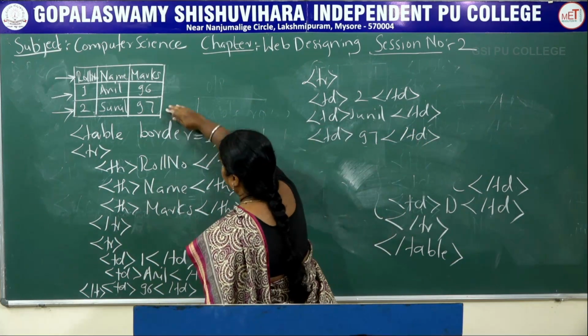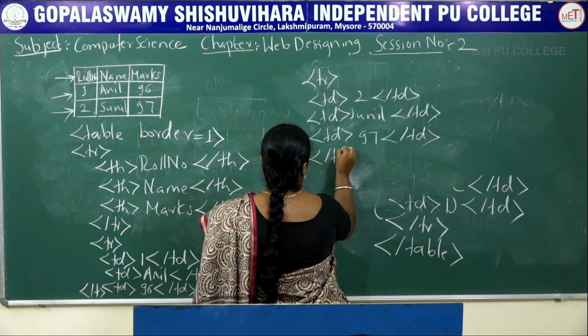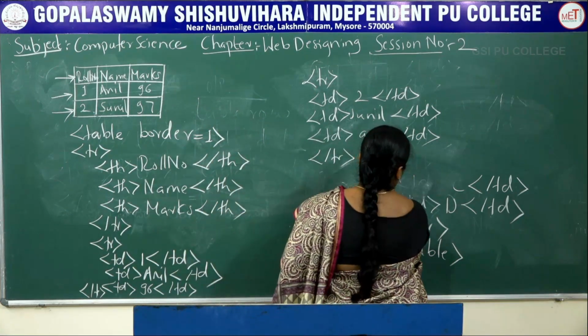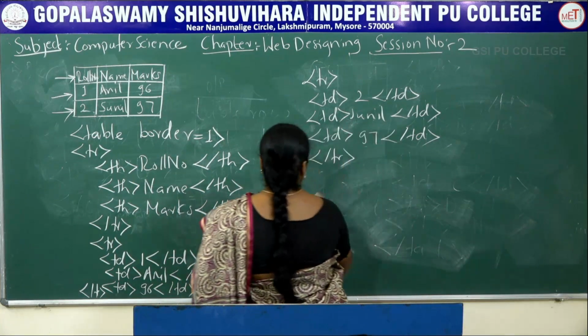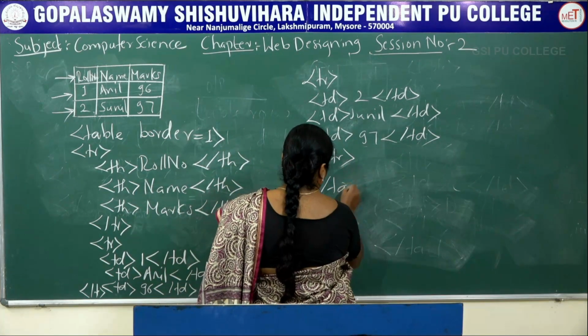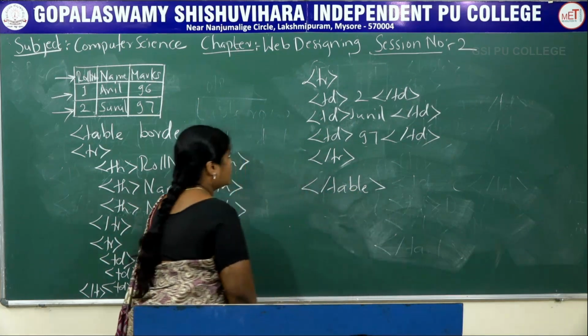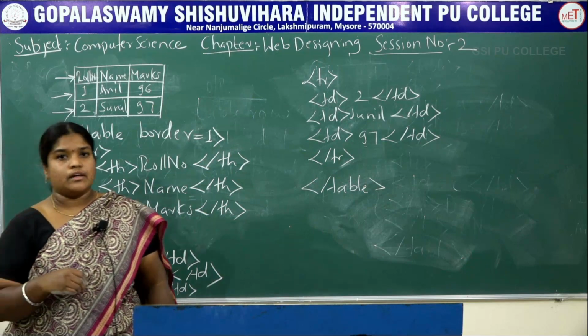And finally now the entire row is completed, so it has to be /TR, and finally the entire table is over, so we have to include the tag /table. So this is how we have covered all the 3 rows in that particular table.